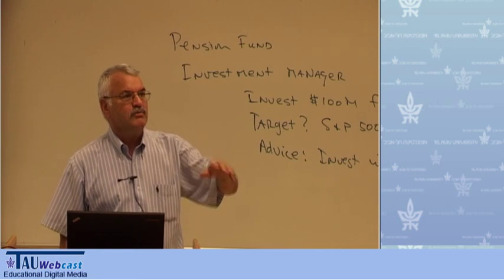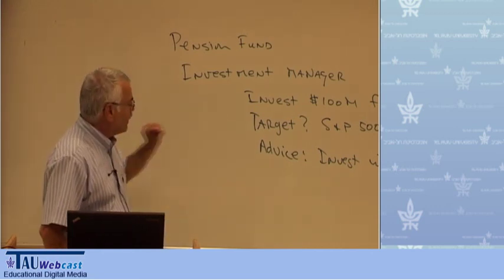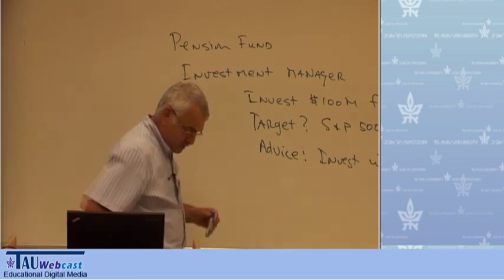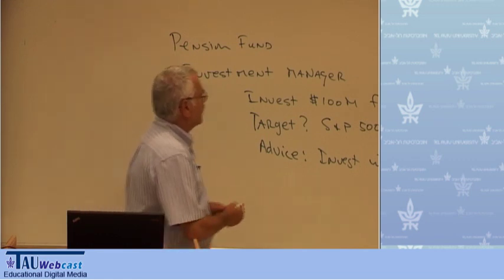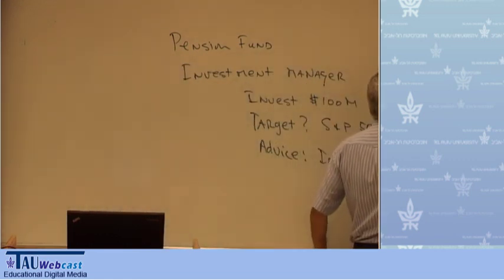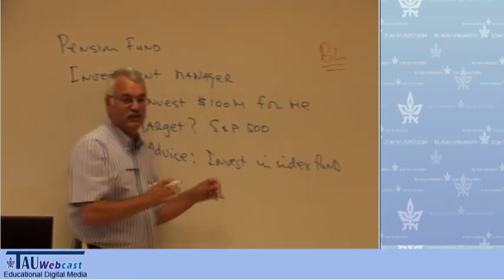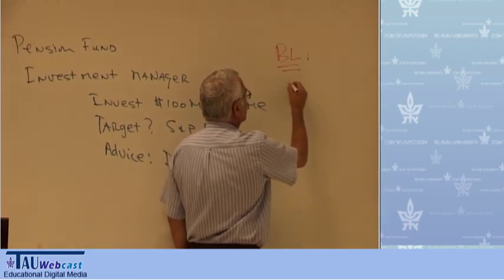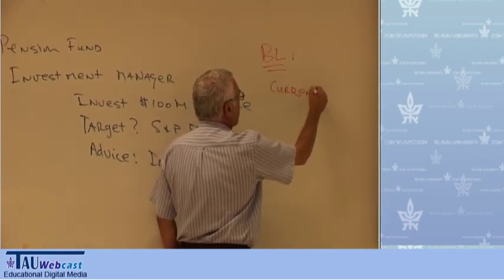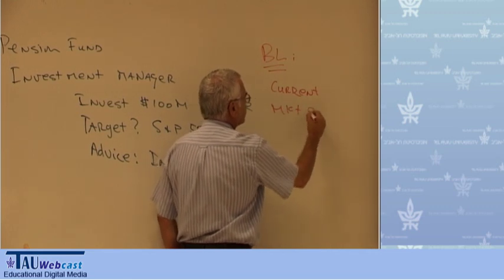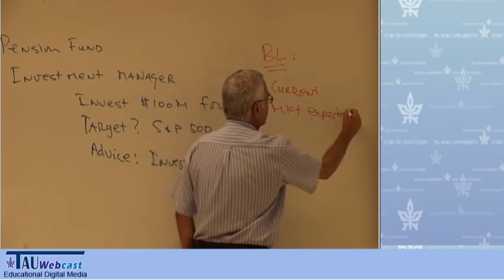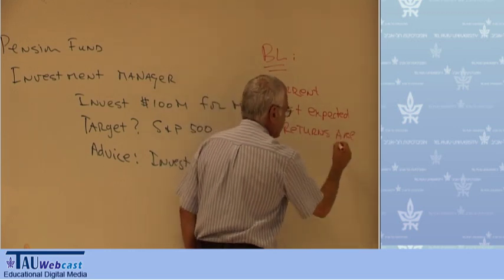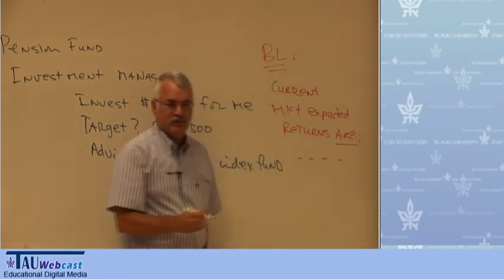Here's the Black-Litterman addition to that. The Black-Litterman addition, write it in a different color. Oh, that's also blue. So Black-Litterman, what they add to this scenario is the ability to say the current market expected returns are, and then they can give you a little list.